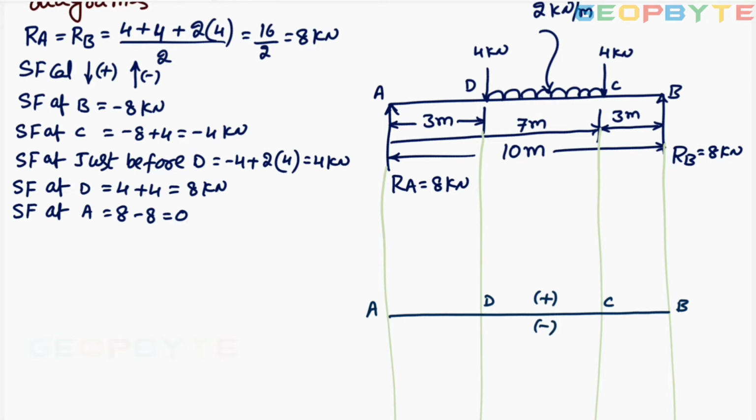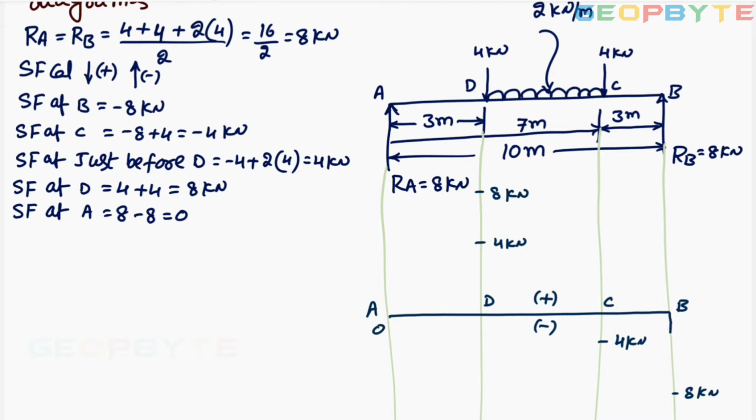SF at exactly B, minus 8, it is downside, 8 kilonewtons. At C, it is minus 4, downside. SF at just before D, plus 4. SF at exactly D, 8 kilonewtons. And SF at A, 0.